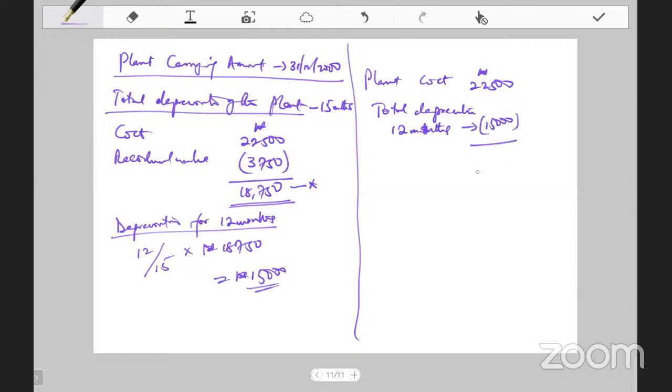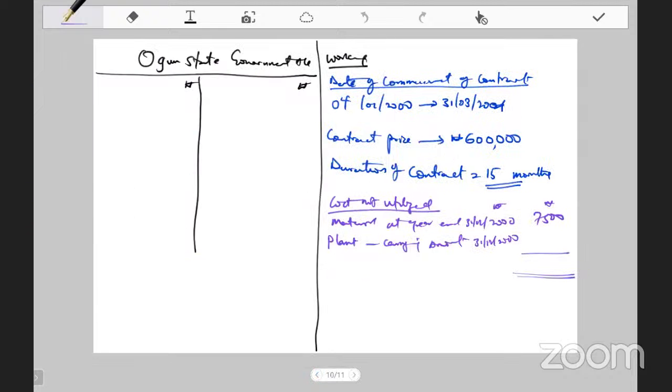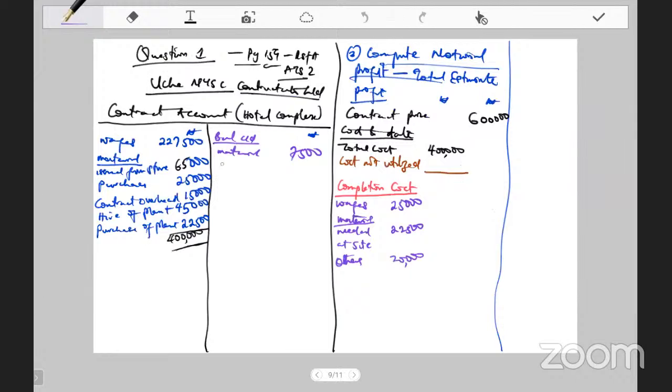So what will be the carrying amount at the end of that 12 months? 7,500. You can see all the journey we went through. So the carrying amount of the plant at the end of the year is 7,500.